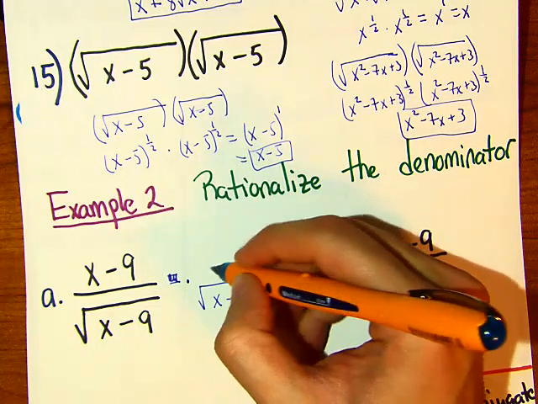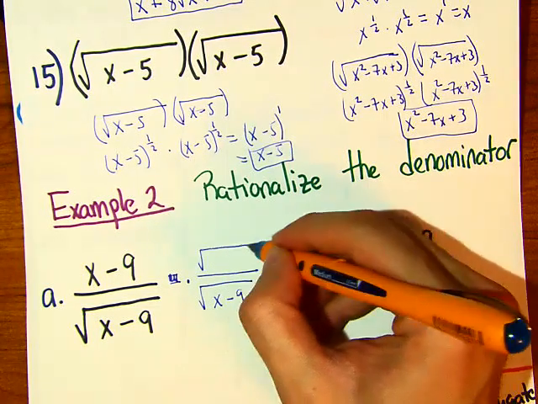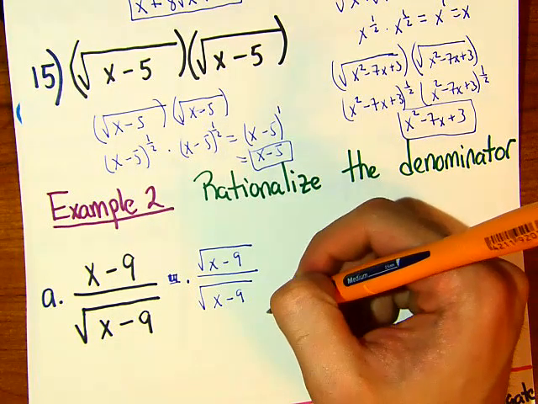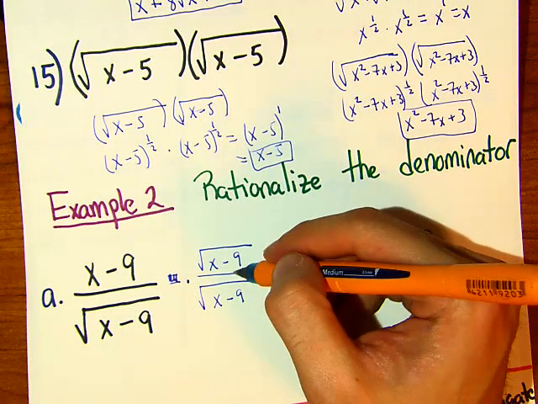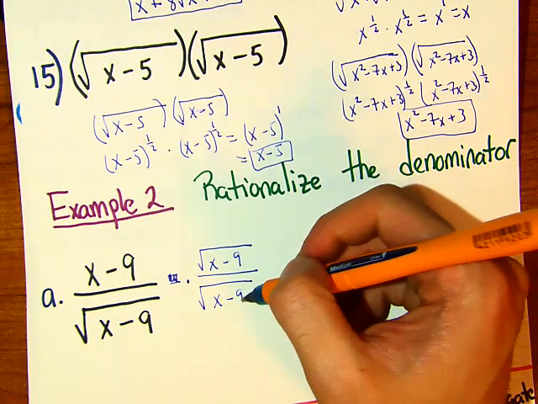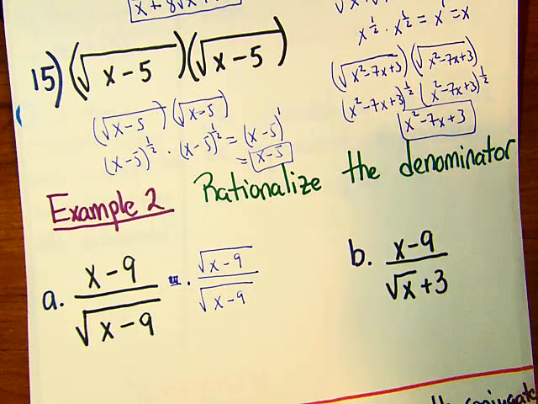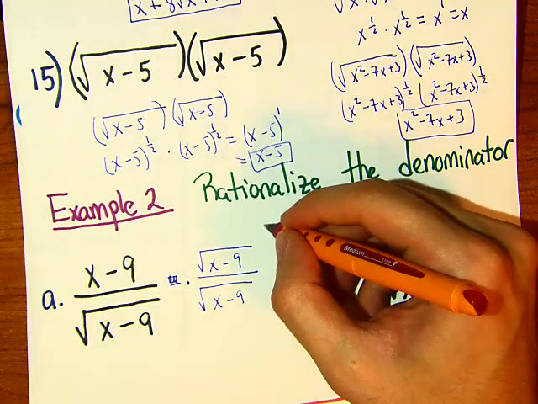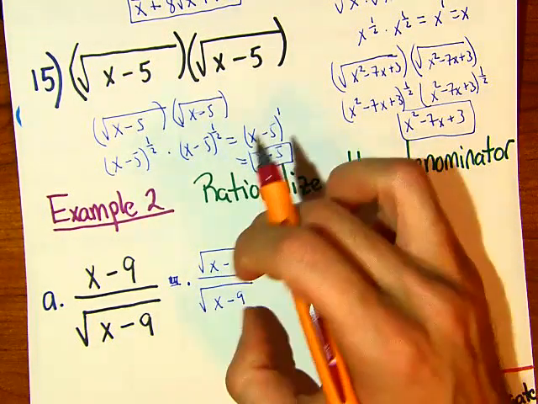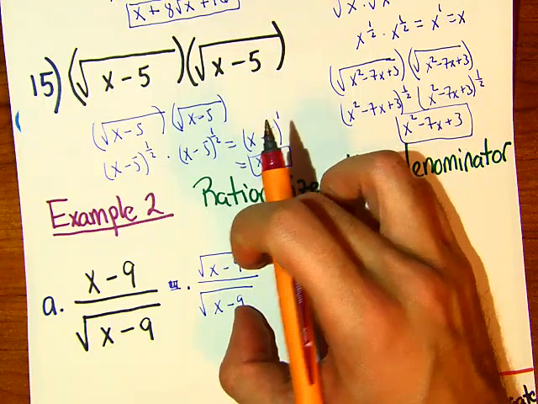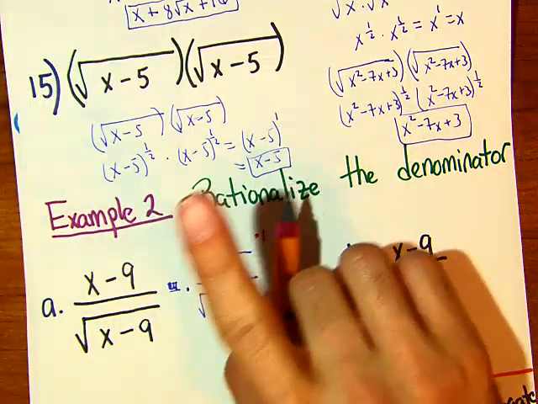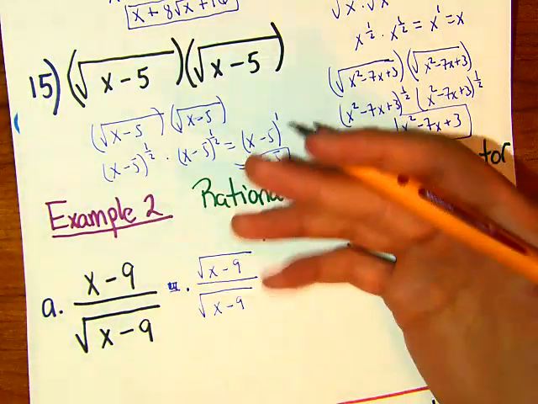And what you're going to do is multiply the top and the bottom by the square root of x minus 9. Okay? Because when you do this, you have the same thing divided by the same thing. This is secretly just 1. So if you multiply this to this, you're not changing the value, okay? You're just changing the way it looks.